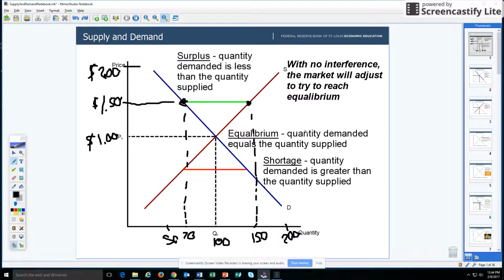The next vocab term I want you to know is equilibrium. Quantity demanded equals the quantity supplied, and that is right here.